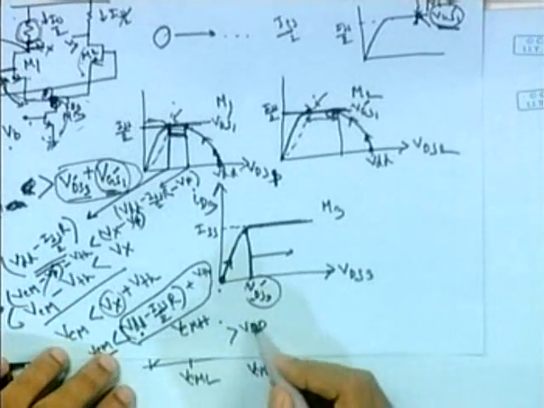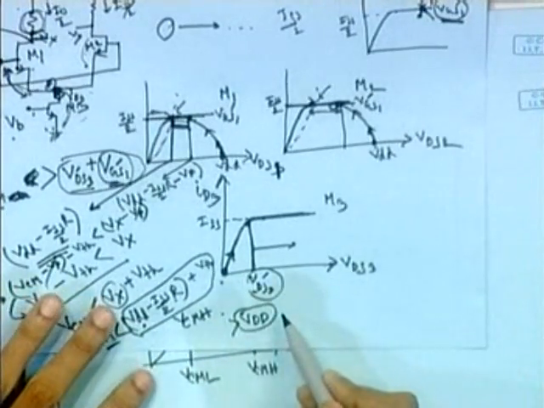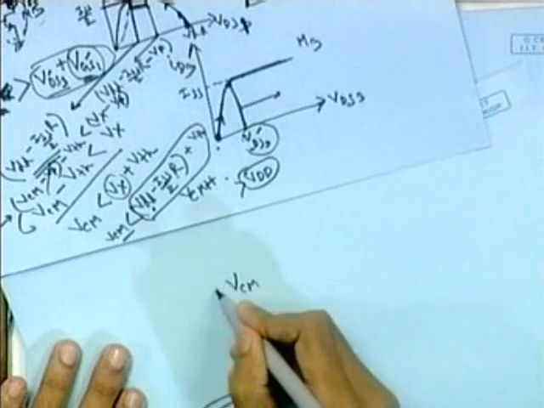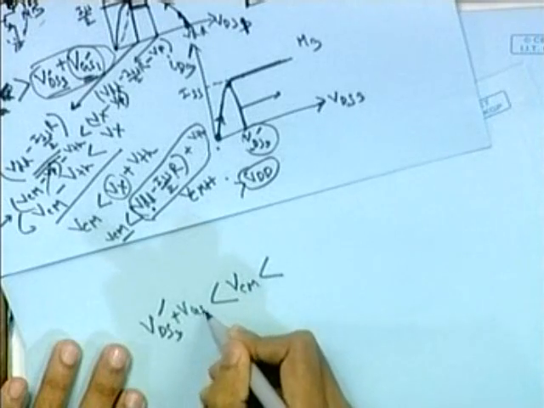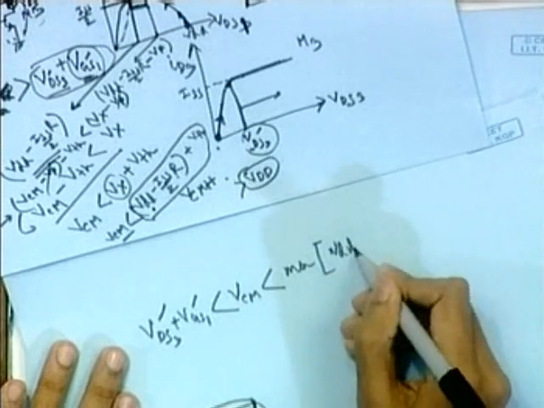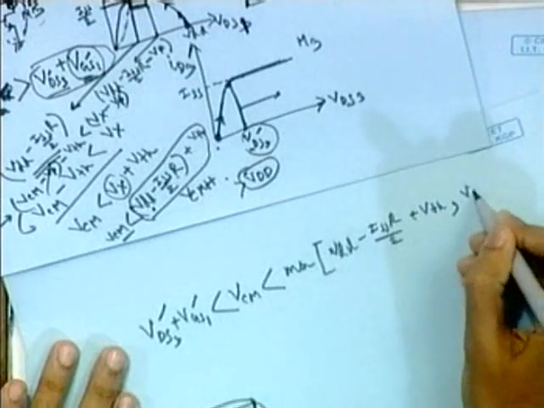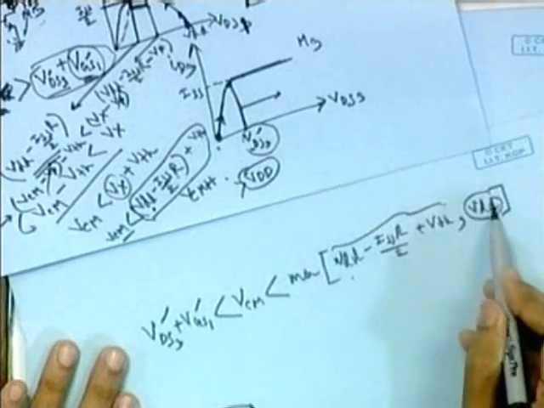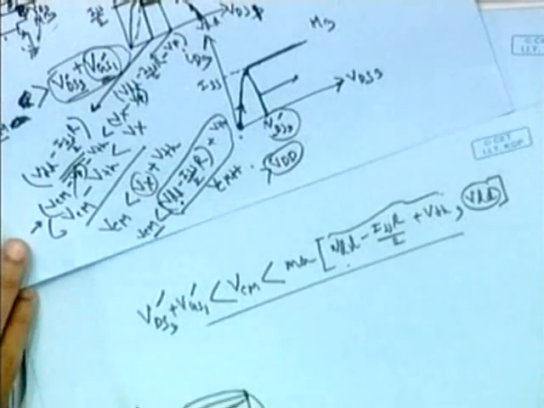For that case you have to take the upper limit VCMH as VDD, because you cannot apply or get anything greater than VDD. So I should write this as VCM less than the minimum of VDS3 prime plus VGS1, or VDD. Whichever is the minimum, either this or that, you have to take that one. So this is your ICMR.